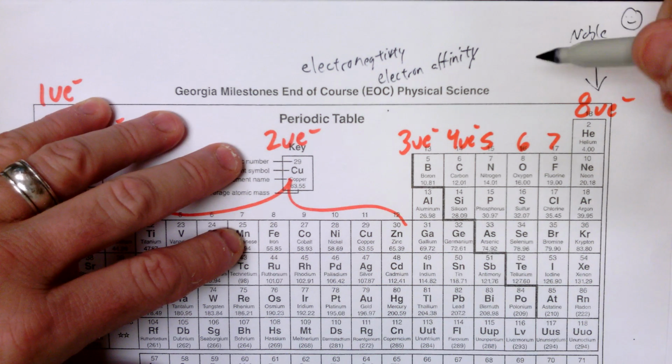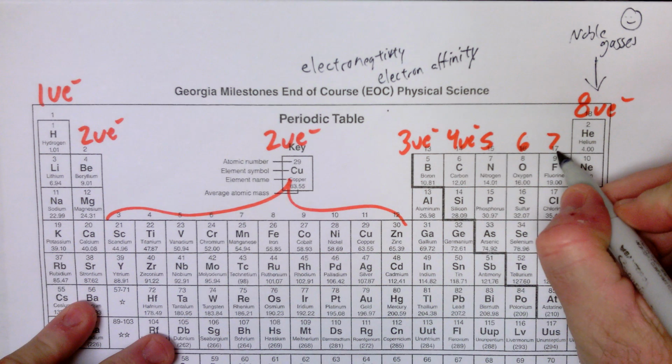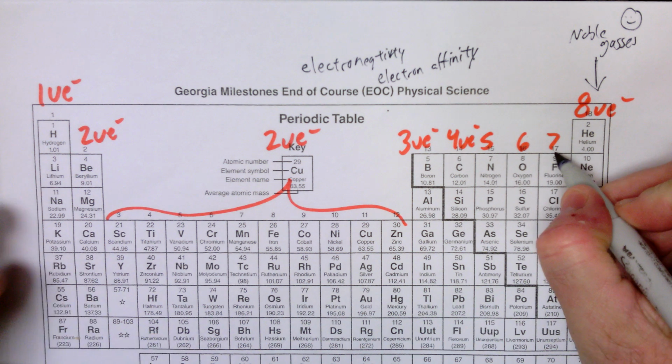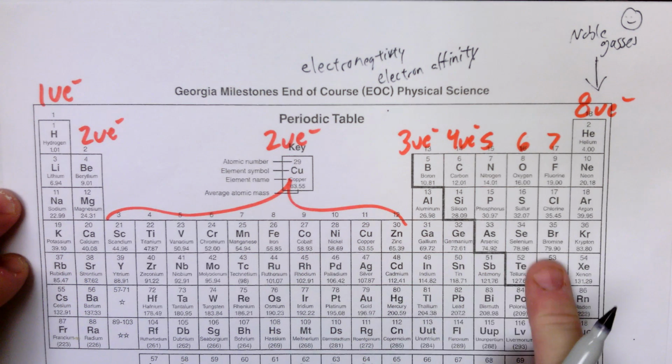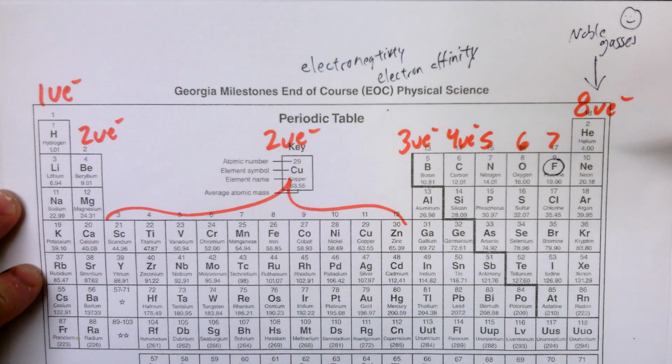So electron affinity and electronegativity basically describe, are you going to take electrons, and how easily do you take electrons? Well, fluorine, think about fluorine. And we said with electronegativity, it gets bigger as you go this way and bigger as you go this way. So fluorine is very, very strong at taking electrons.